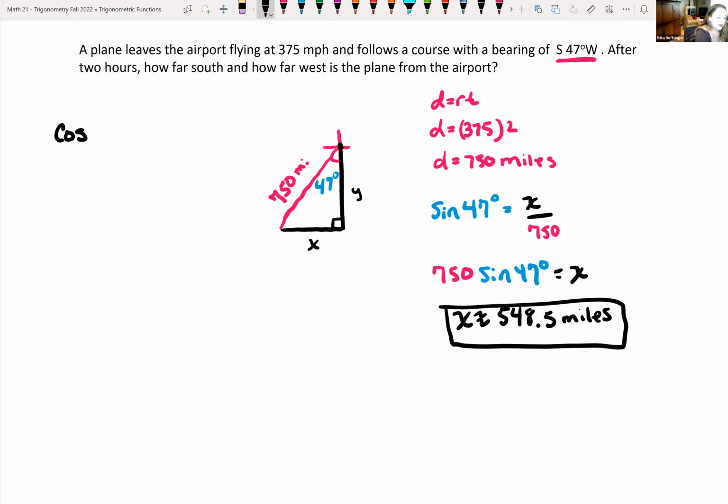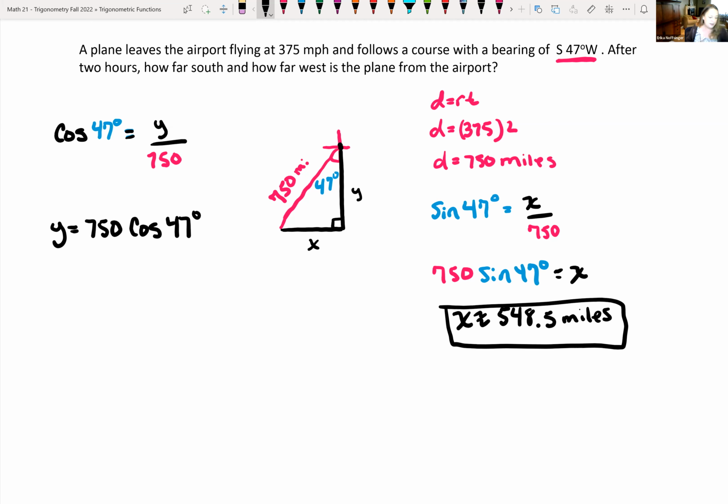So cosine of 47 degrees is equal to the adjacent side, which we called y, all over our hypotenuse, which we found was 750 miles. So multiplying both sides by 750, we get y is 750 cosine of 47 degrees.